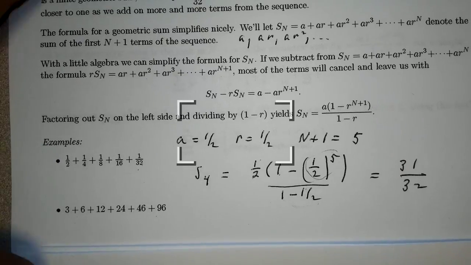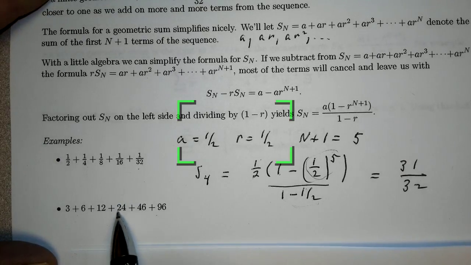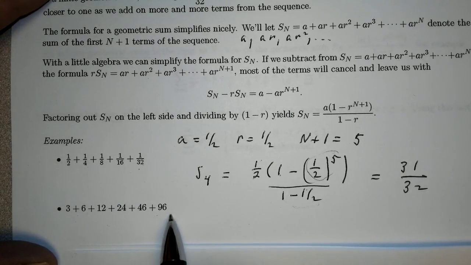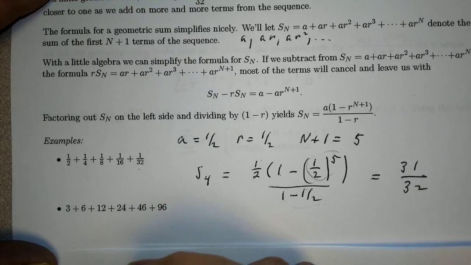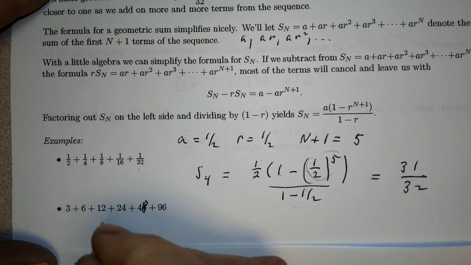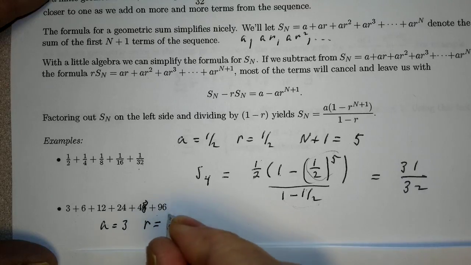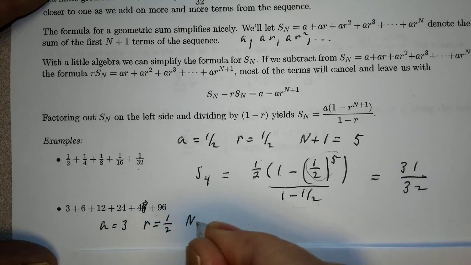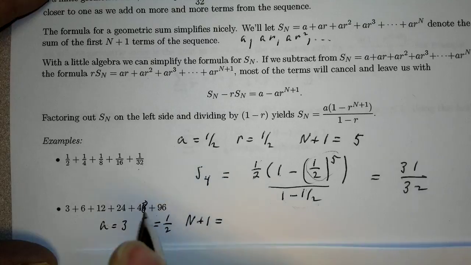Another example. 3 plus 6 plus 12 plus 24 plus 48 plus 96. So in this case, A is 3, R is 2, and n plus 1 is 1, 2, 3, 4, 5, 6.